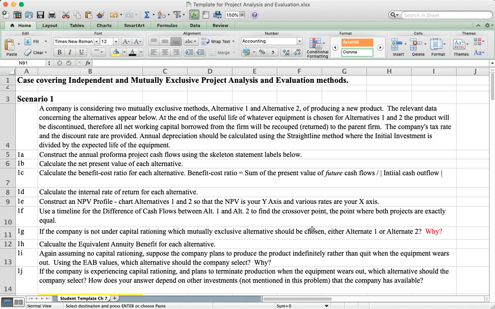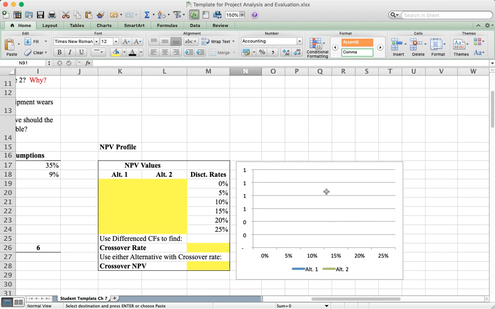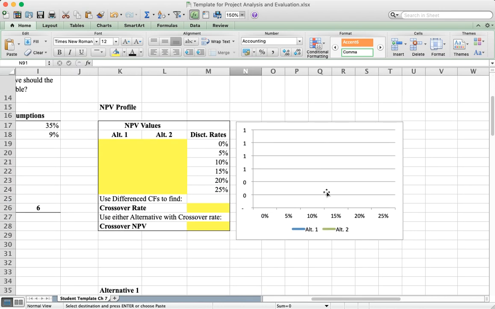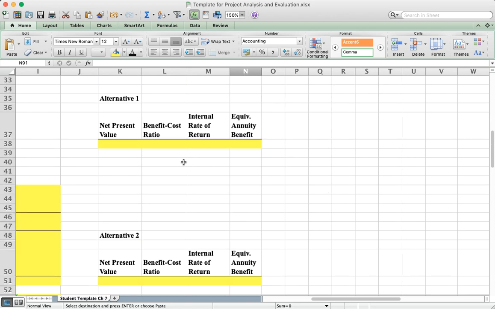I'm going to go ahead and cut this one short, and then I will come back in the next video and walk you through two things, maybe three. So the net present value profile, the NPV profile, as well as how to calculate the four methods for an evaluation.